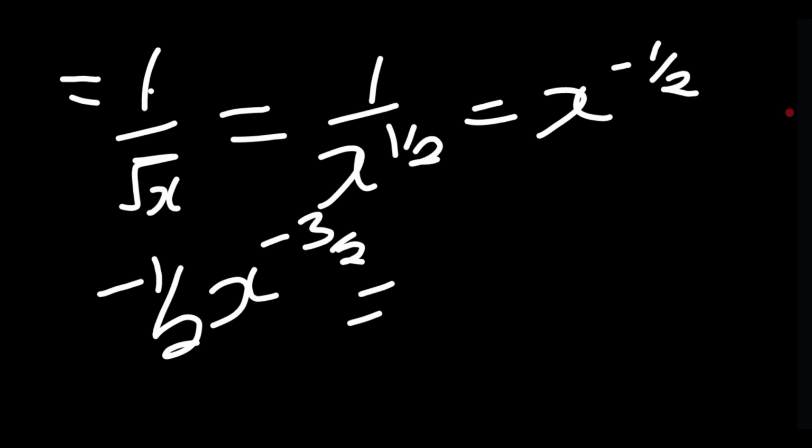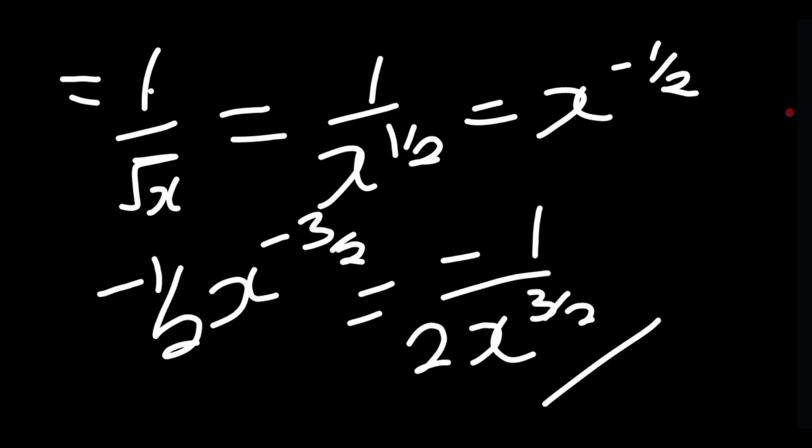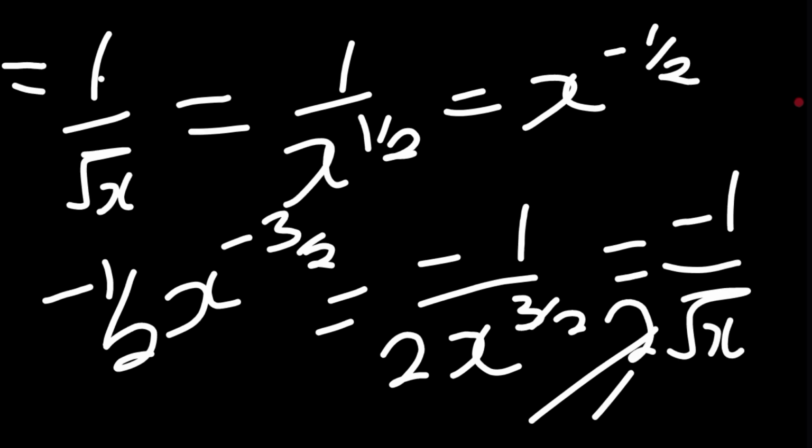Simplifying this further, you're going to have minus 1 over 2 times x raised to the power of 3 over 2. That's your final answer. Now, for the one we did previously, your final answer can also be in the form minus 1 over 2 square root of x to the power 3.